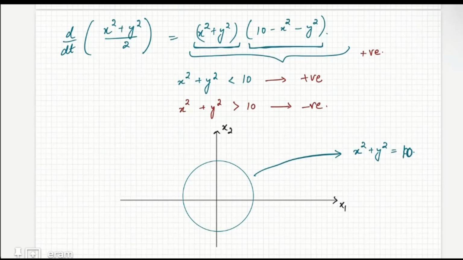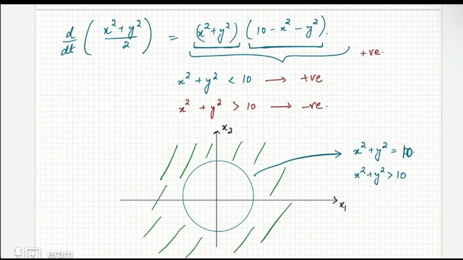That means the solution will be stuck at this orbit when x square plus y square equals 10. And if x square plus y square is greater than 10, that means I start outside this closed curve, how will the solution behave?